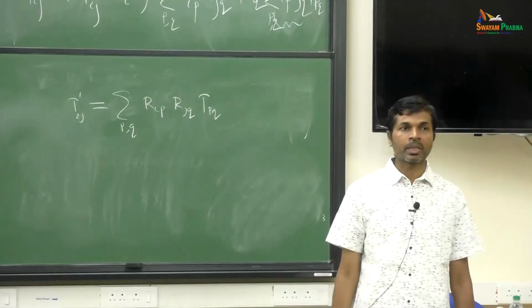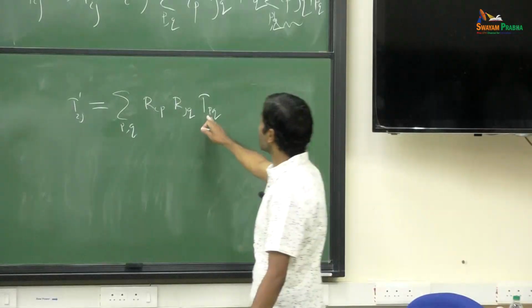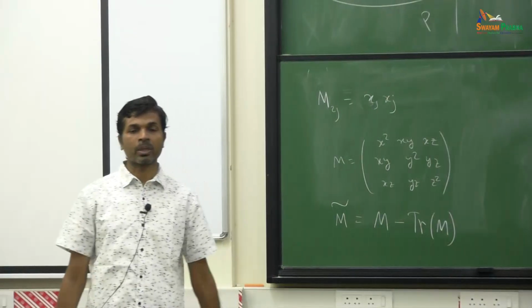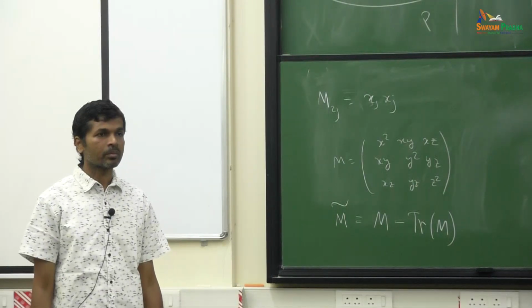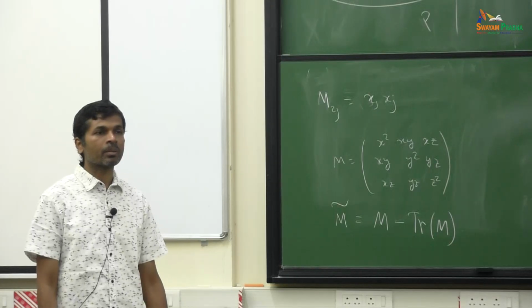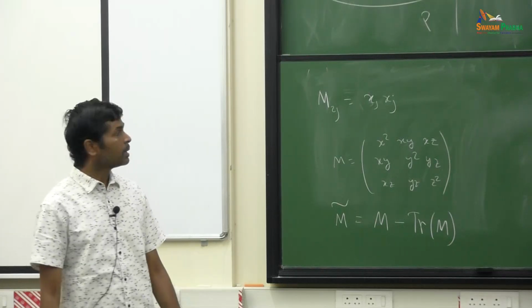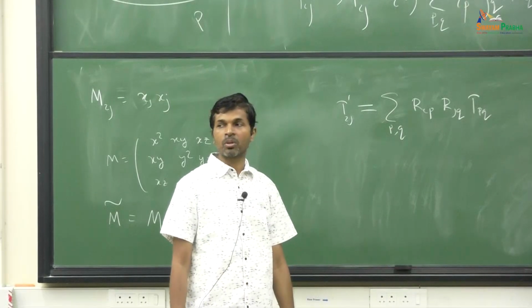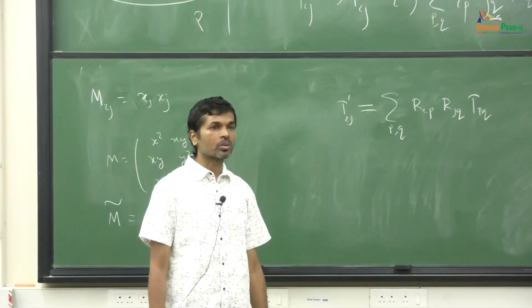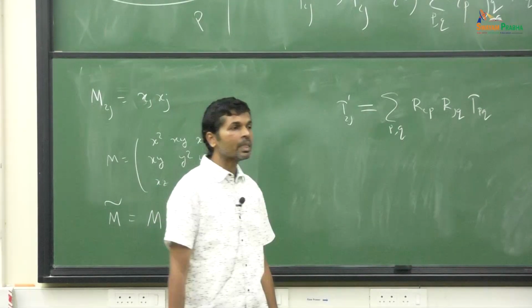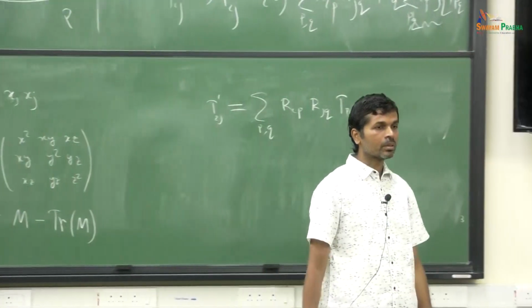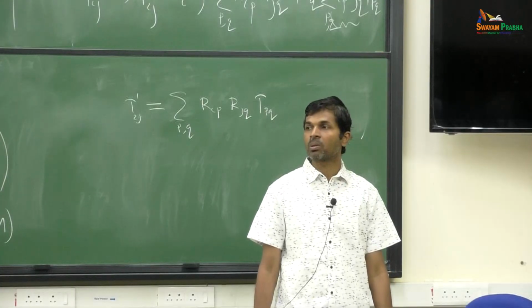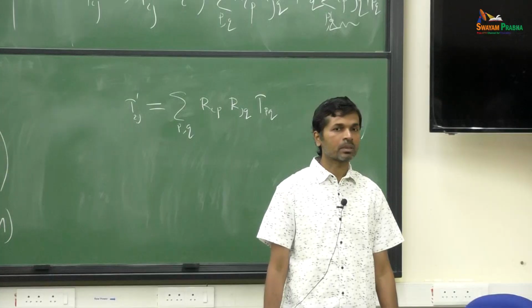It is important because suppose the components of a tensor vanish in one particular coordinate system. If they become 0 in a particular coordinate system, then they will be 0 in all coordinate systems. You make all possible rotations, they will still be 0. Equivalently, if you have a tensor equation, then the form of this equation will remain the same in all orthogonal coordinates.